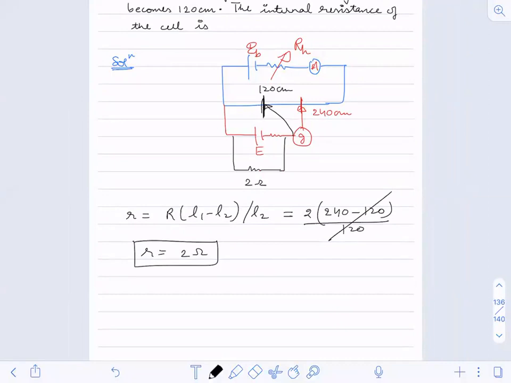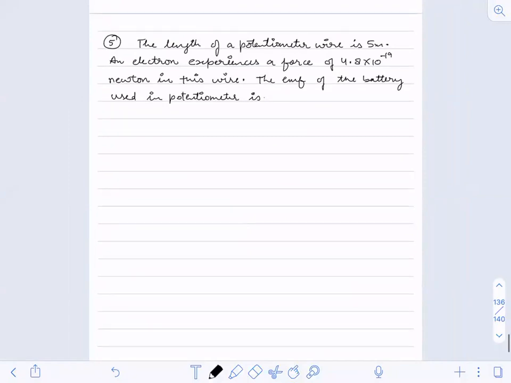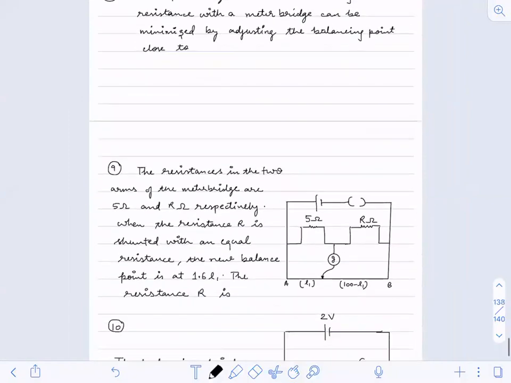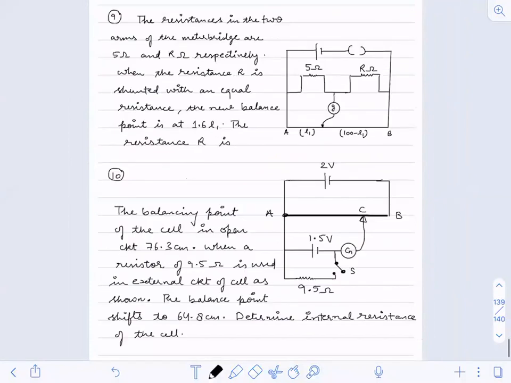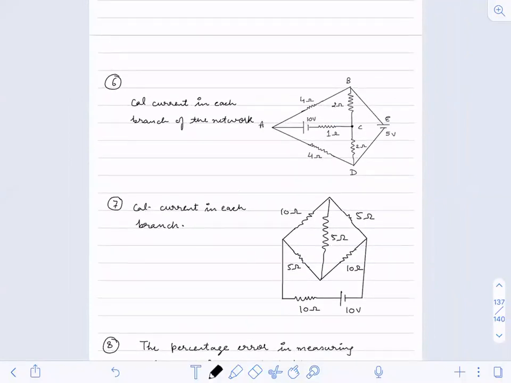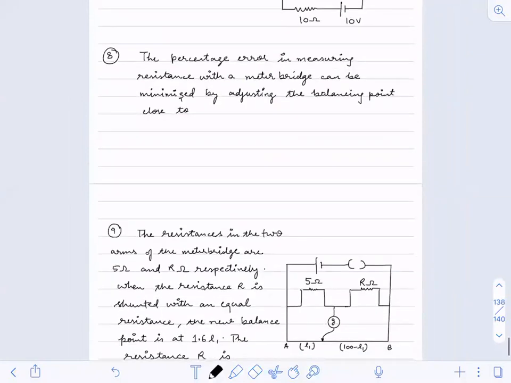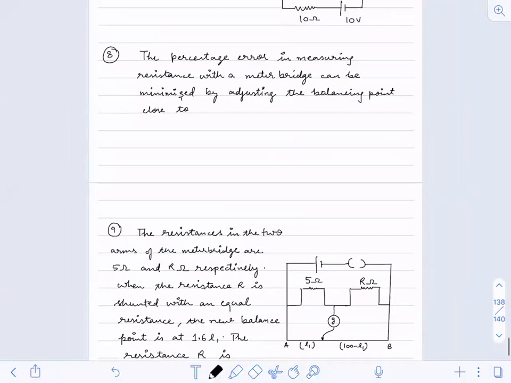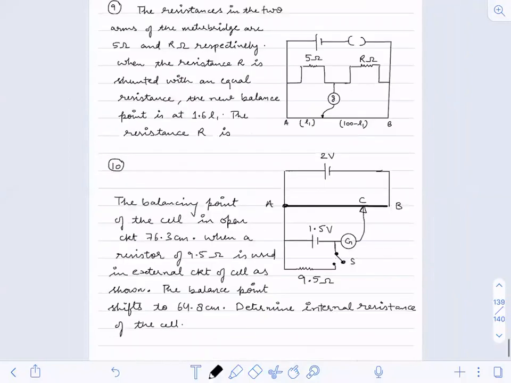Now, after this, I have a few numericals. I have this numerical, and there are a few more numericals that I'll be giving you as homework. Sixth and seventh numericals are on KVL. Eighth and ninth are on the meter bridge. This tenth problem is on the potentiometer, where again you have to find out the internal resistance of the cell.